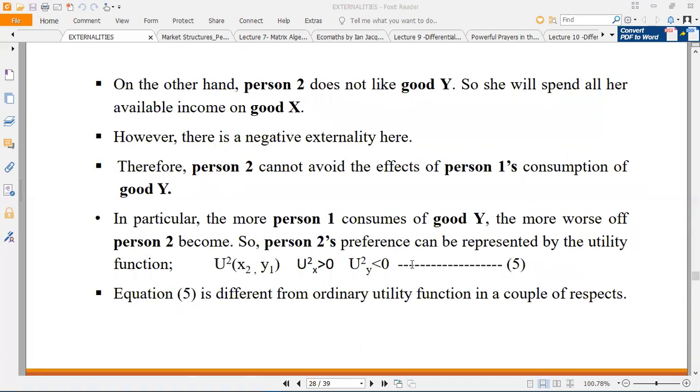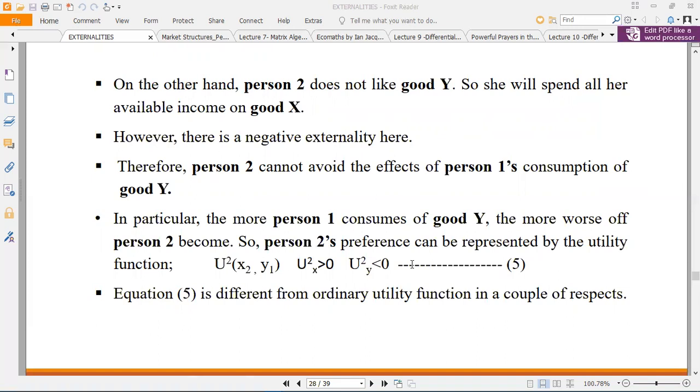She's trying to consume only good X. But let's not forget, good Y is cigarettes, and it generates a negative externality. So though person 2 doesn't want to consume any good Y, she cannot avoid its effect that is caused by the consumption of good Y by individual 1.